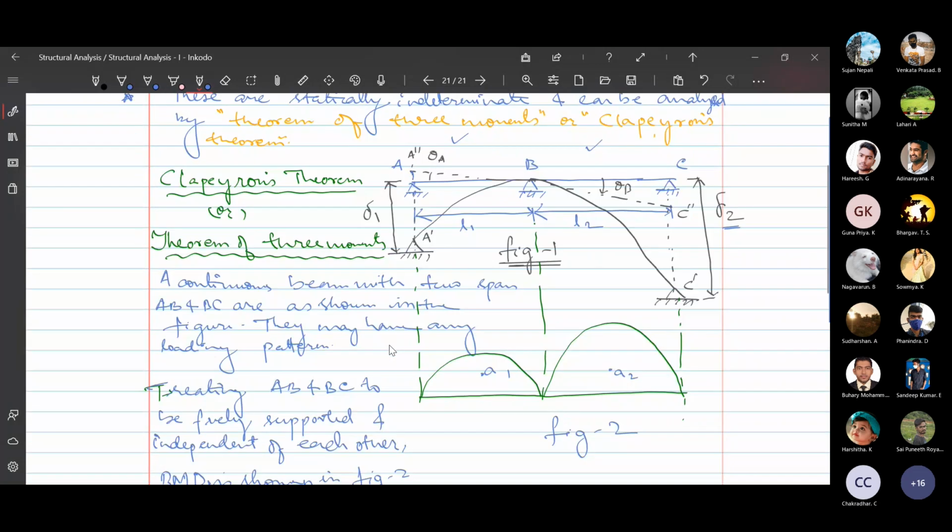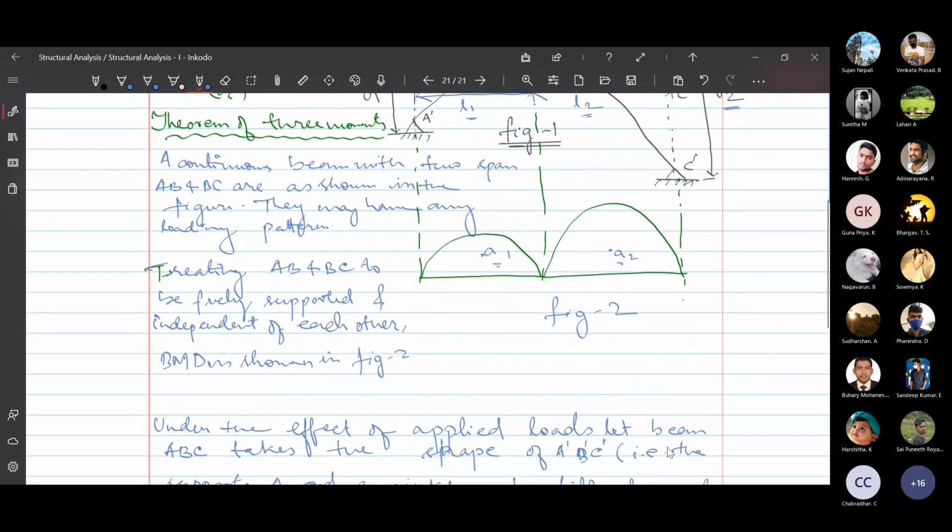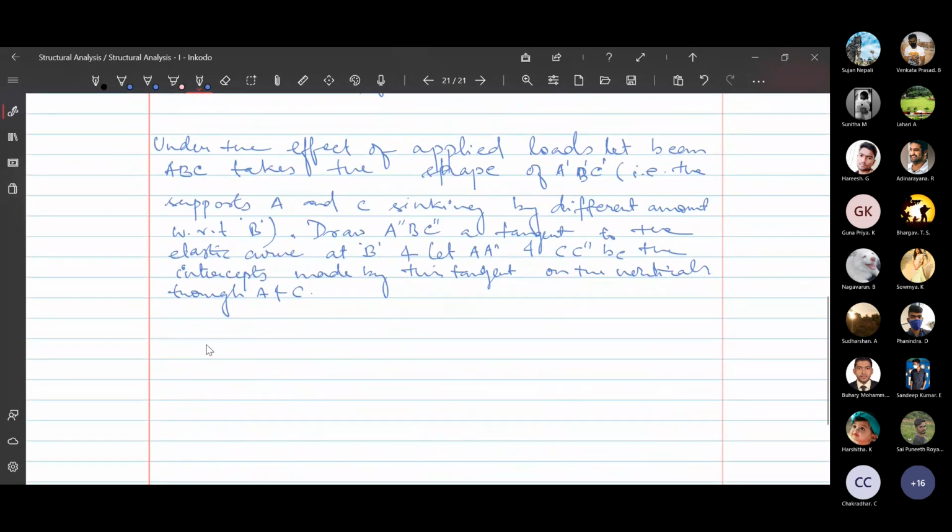So let us write the details about L1, L2, A1 and A2. Let L1 equal the length of span AB. L2 is the length of span BC.